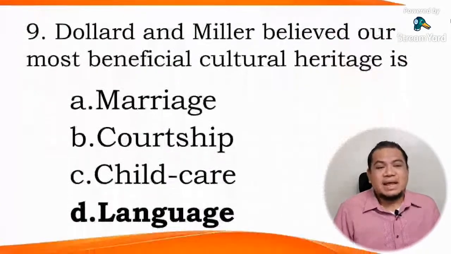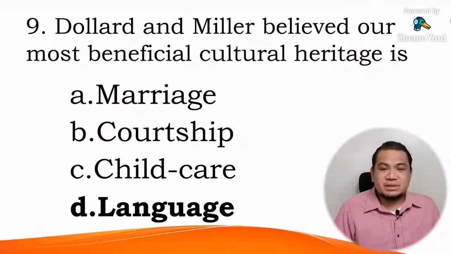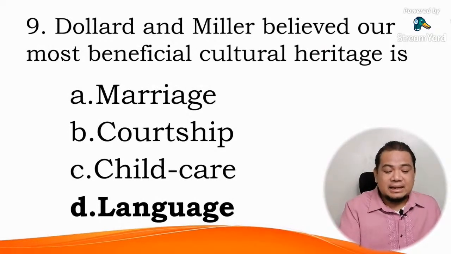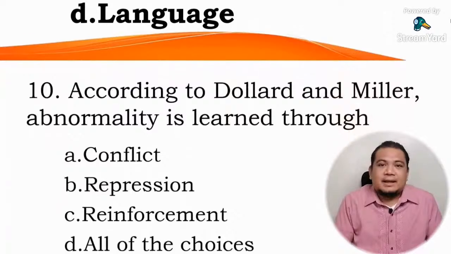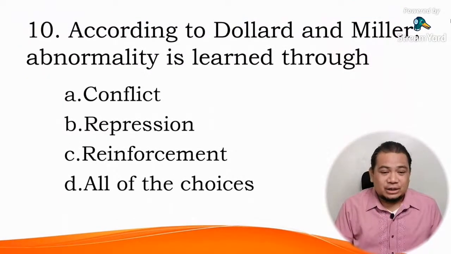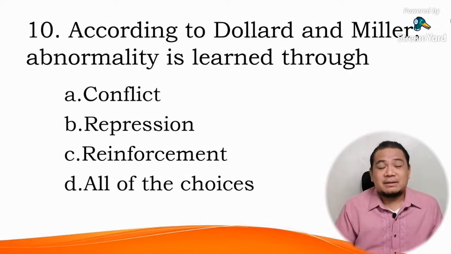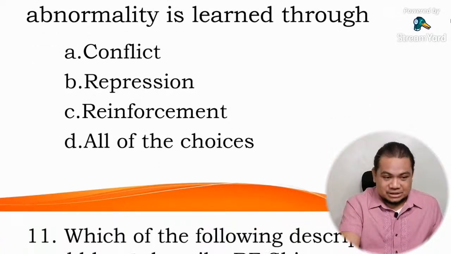Dollard and Miller believe our most beneficial cultural heritage is, the answer is letter D, language. Number 10, according to Dollard and Miller, abnormality is learned through, the answer is all of the choices. It is learned through conflict, repression, and reinforcement.